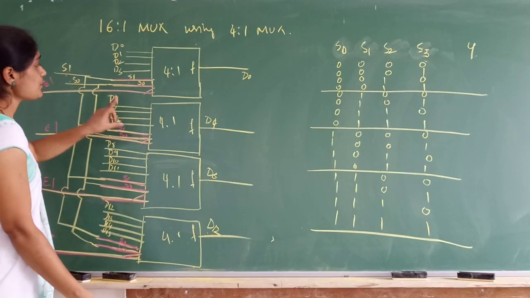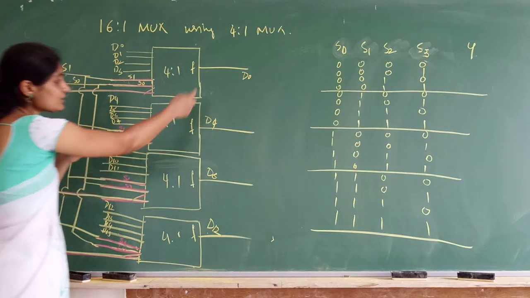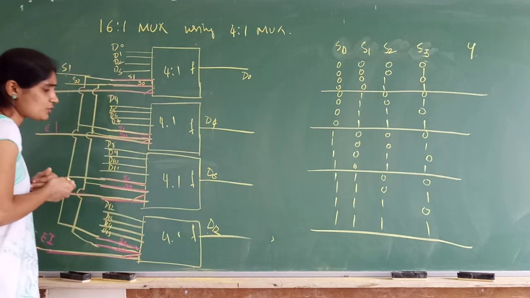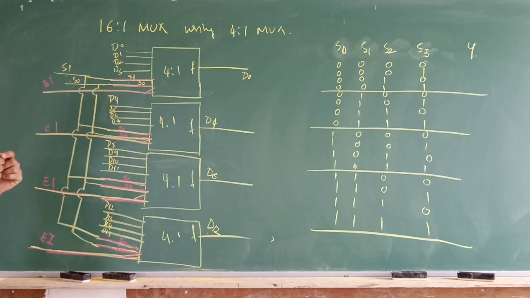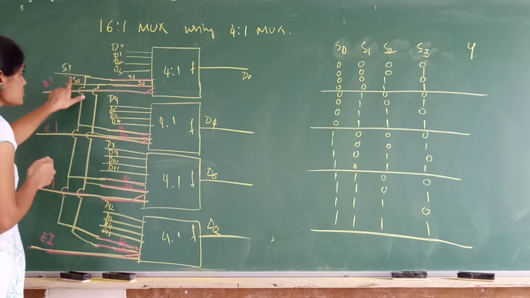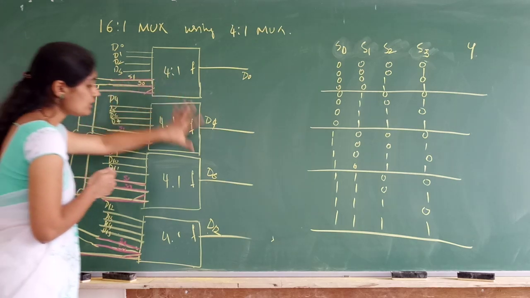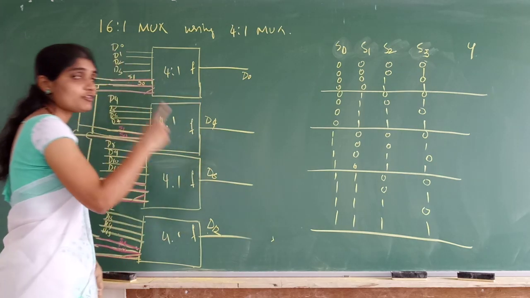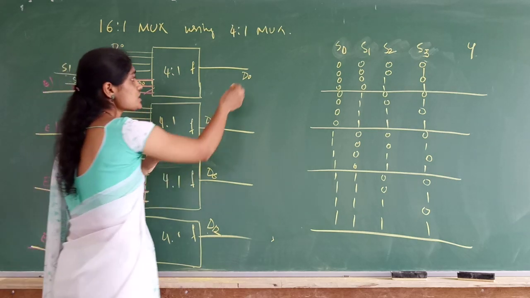So first case let me consider, if I am giving 0, 0, I get these outputs D0, D4, D8, D12. Out of this, one has to be selected because for a multiplexer, one output. 16 inputs I have. So if I use 2 select inputs, I get all the 4 outputs. But again, in all the 4, I have to select any one. So look at the connection here.